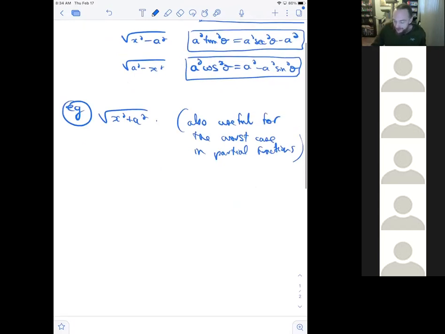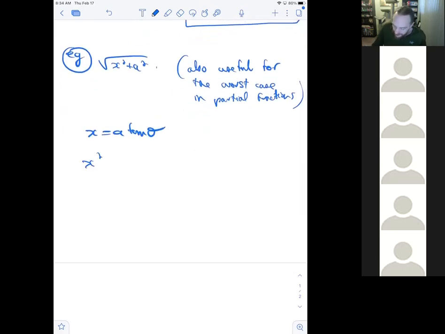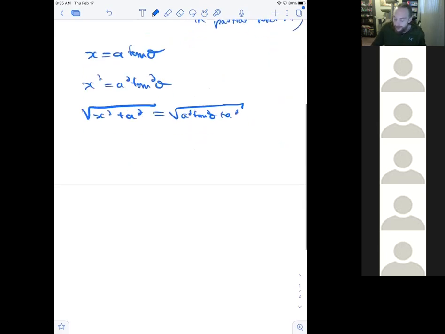When I have something like that, I want to let x equal a tan theta, because then x squared is equal to a squared tan squared theta, and the square root of x squared plus a squared is exactly equal to the square root of a squared tan squared theta plus a squared. This is what we're noticing every time.